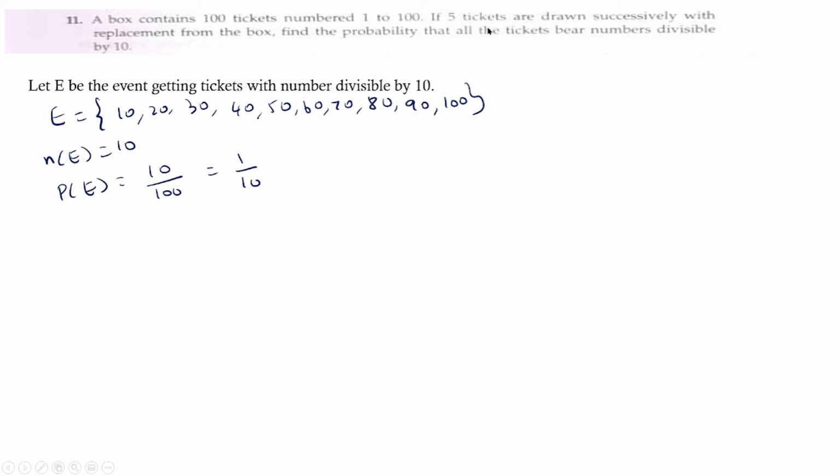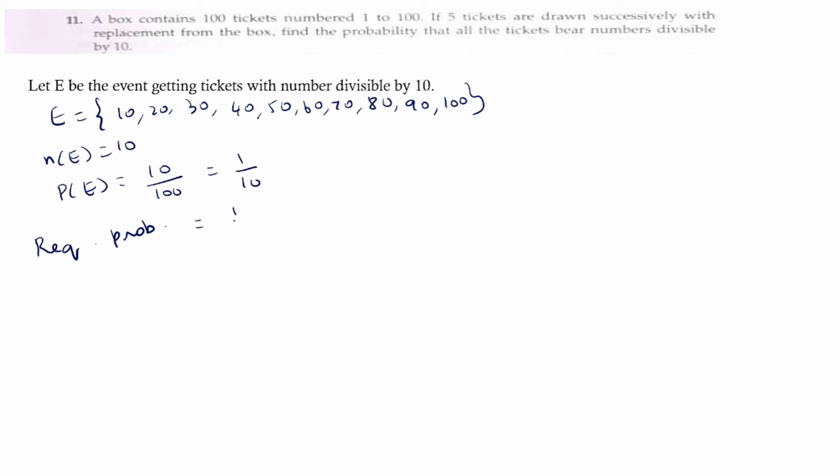And here it is given 5 tickets are drawn successively with replacement. So we need to find the probability that all the tickets bear numbers divisible by 10. So the required probability will be, it is getting the same event 5 times, getting the event E 5 times.